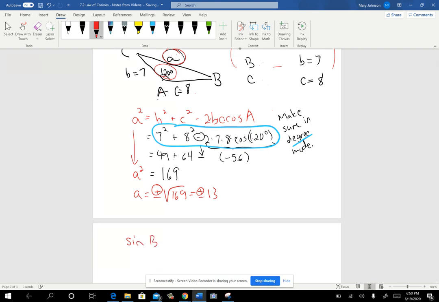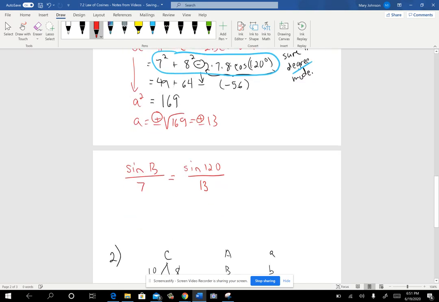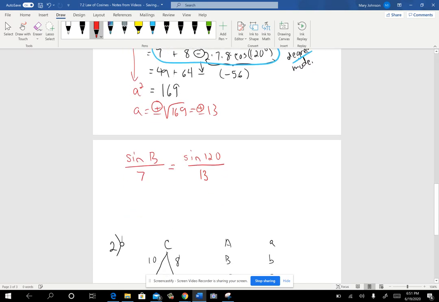So sine of B over the length of side B has to equal sine of A, and A was 120, over the length of side A, and that we found to be 13. So I'm going to use that to solve for angle B. That means I just need to multiply by 7 to get the sine B by itself.